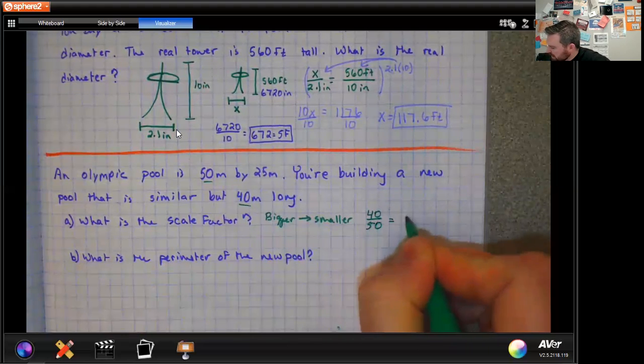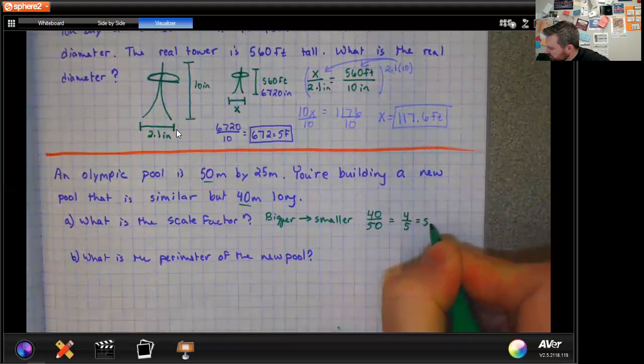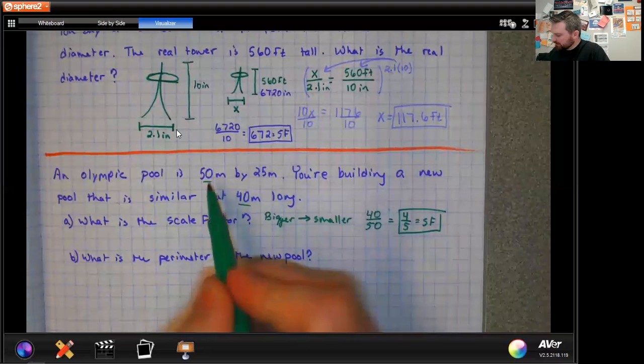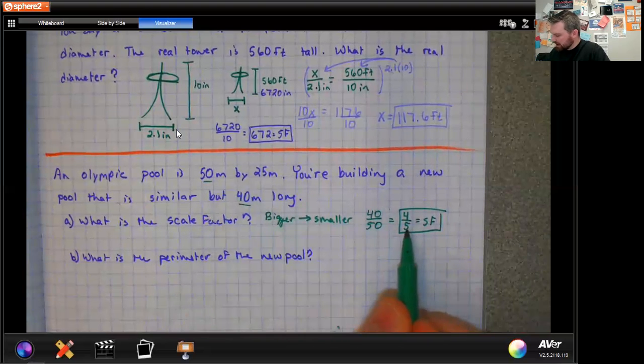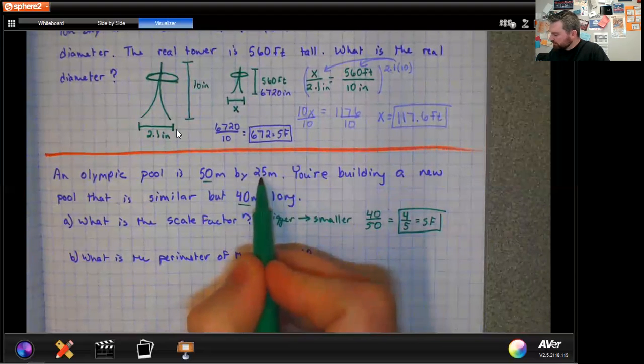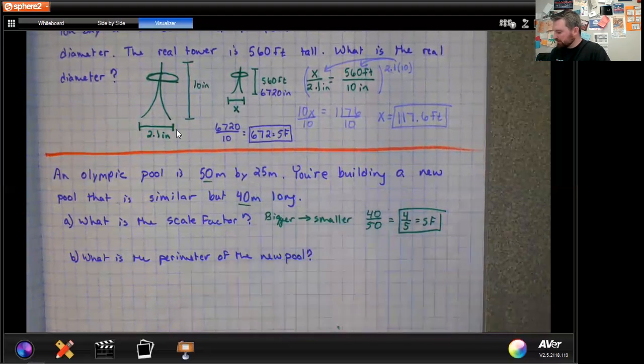When I reduce that, I get 4/5. That number is less than 1, since 5 over 5 is 1. So my scale factor is 4/5. If I take 50 times 4/5, I get 40, and if I take 25 times 4/5, I'll get the other measurement.